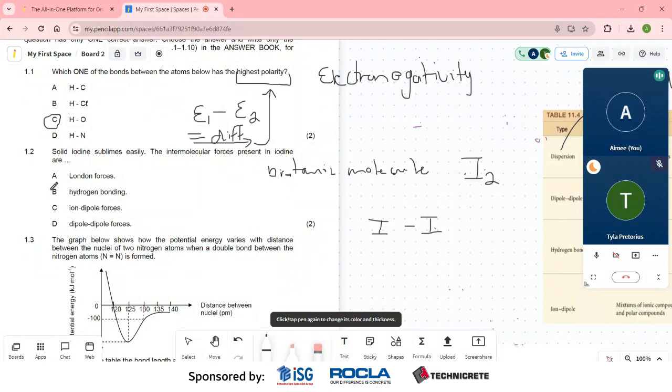So it's definitely not hydrogen bonding because nowhere in this molecule do we see H, N, O or F. Okay, the next one is ion dipole forces. There are no ions here. It's two atoms that are bonded together in the format that they are found in the periodic table. So it's definitely not ion dipole forces.